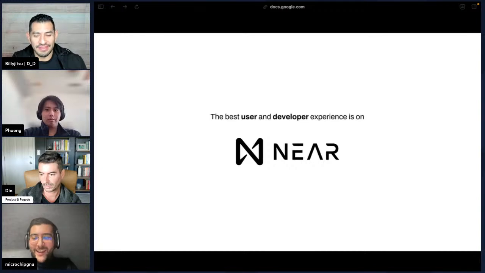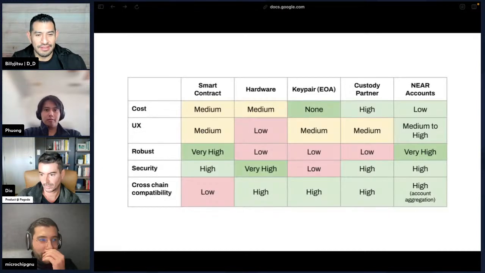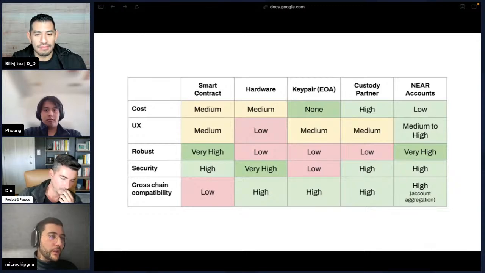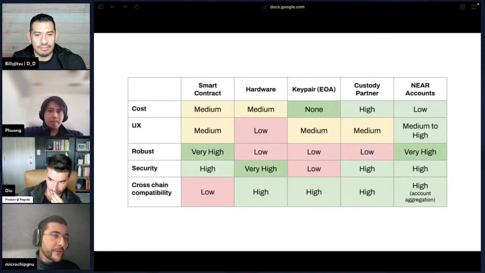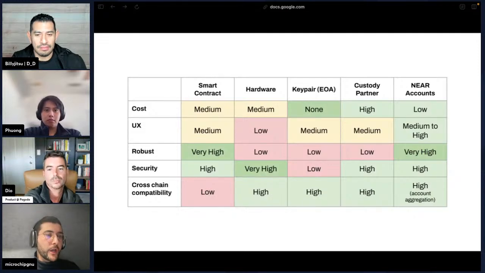So yeah, then I brought this slide in to compare a bit of the differences between Near accounts and smart contract accounts, and then the other hardware wallets, key pair or externally owned accounts, and custody partners. I want to focus on a couple of these metrics, like the cost. It's pretty cheap to create new accounts on Near, while, for example, on an EVM chain, creating a smart contract account is a bit more expensive.